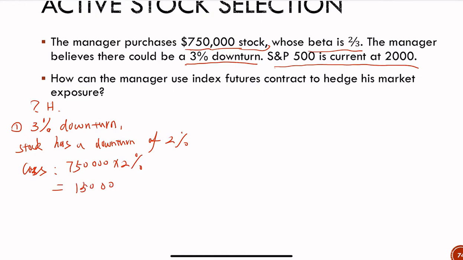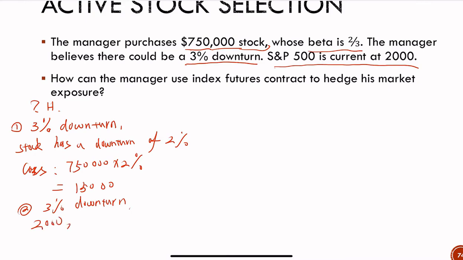Now let's think about, for the same 3% downturn, what is your gain from your futures position. Remember that your index was at 2000.